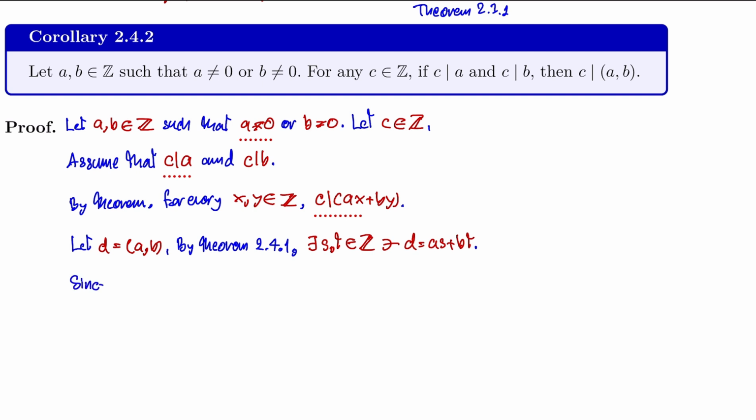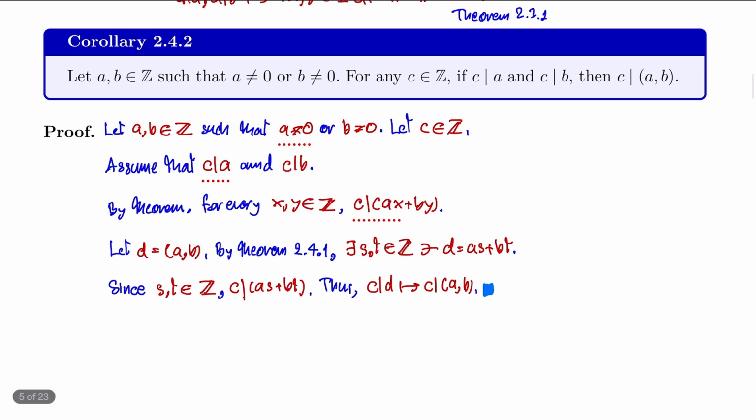So we can have c divides as plus bt, and this is d. So we have c divides d, and d is the greatest common divisor of a and b, so c divides the greatest common divisor of a and b, and we finished this proof.